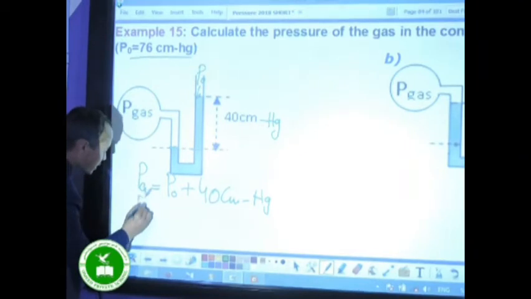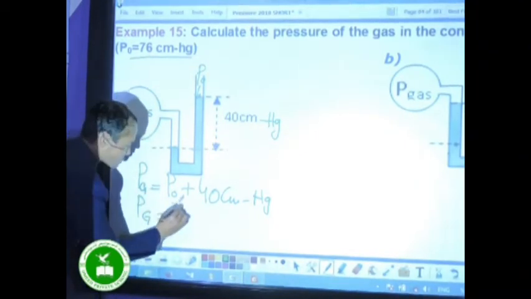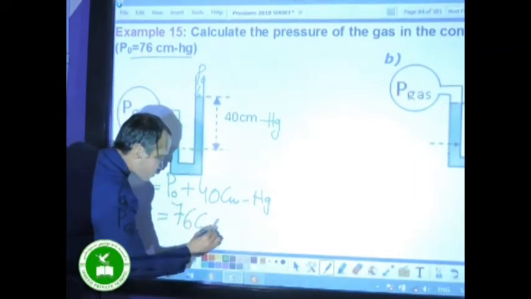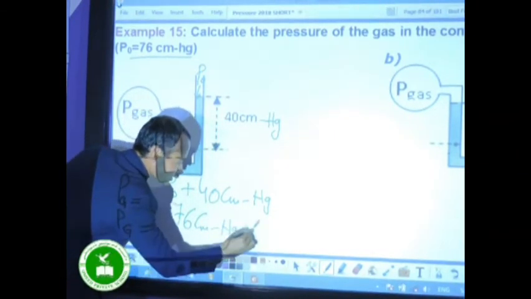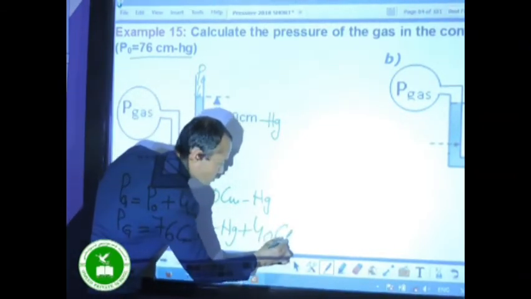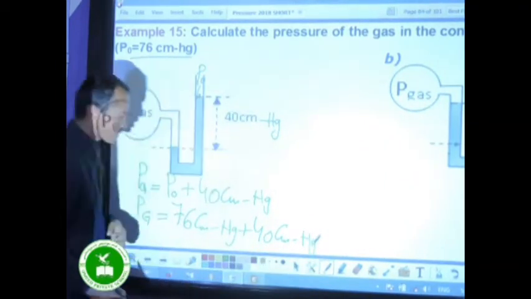So P gas is equal to 76 centimeter mercury plus 40 centimeter mercury.